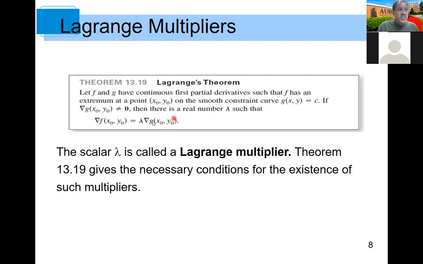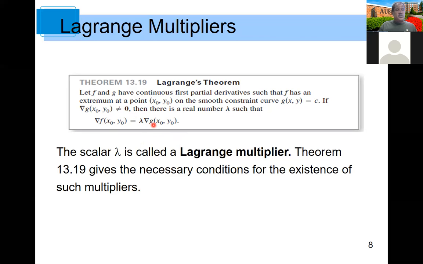If the gradient of g at x naught, y naught, which is a vector, by the way, is not the zero vector, then Lagrange's theorem says there is a real number lambda, a Greek letter, such that del of f of x naught, y naught is equal to lambda times del of g of x naught, y naught. Lambda is a number, okay? So what does this say?